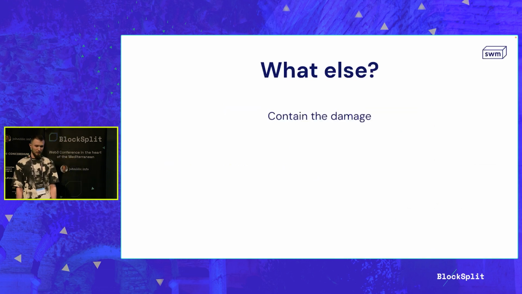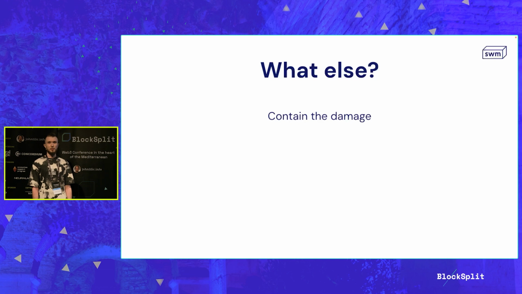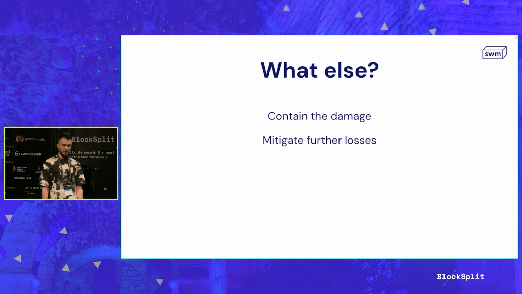What else? Well, you could contain the damage. So if your contract implements a pause functionality, there is one from OpenZeppelin that's nice to use, we could pause the contract or maybe use some access control to restrict who can access it. You could mitigate further losses. So move, if feasible, of course, the remaining funds to a secure address that the attacker cannot access.